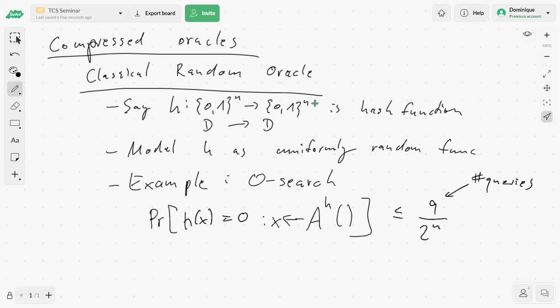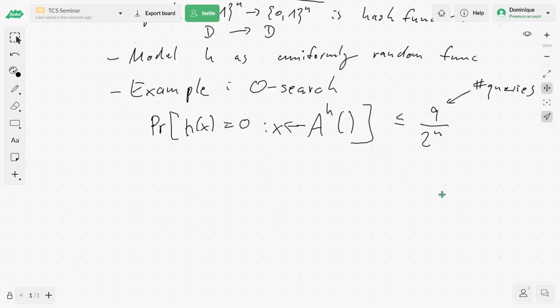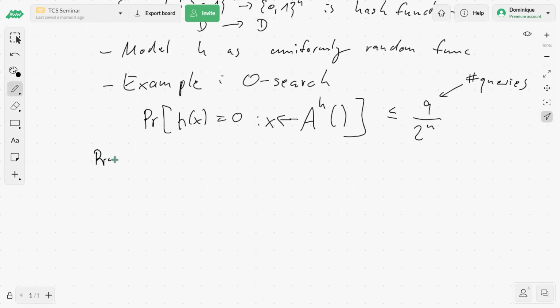So how do we prove such a thing? Remember, this is still a completely classical setting, so we don't need to worry about quantum effects or anything. The technique we use is called lazy sampling.